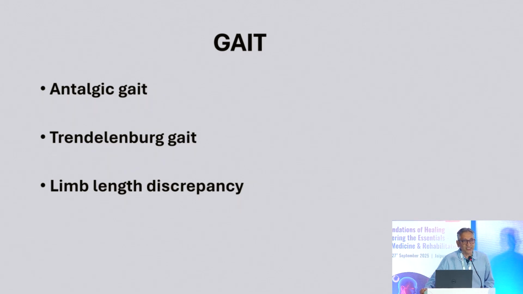So what is an antalgic gait? What happens? The stance phase on the affected limb will be short, and the patient will transfer his body weight towards the affected hip just to reduce the momentum.